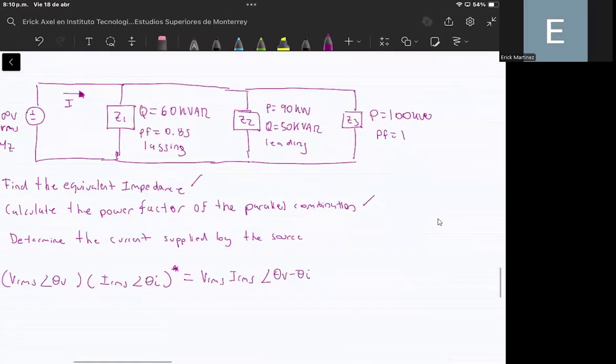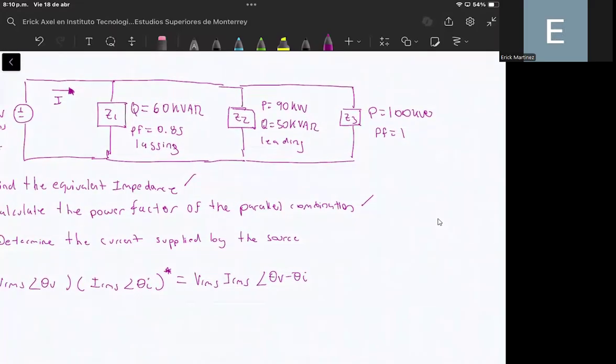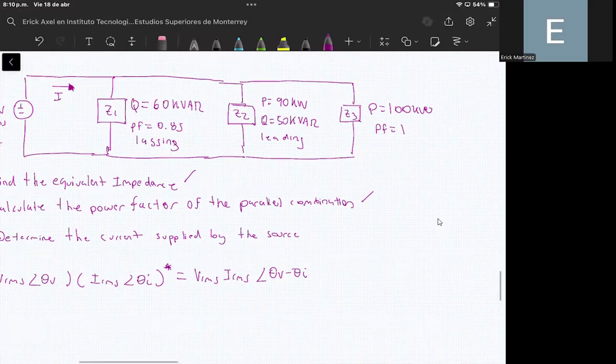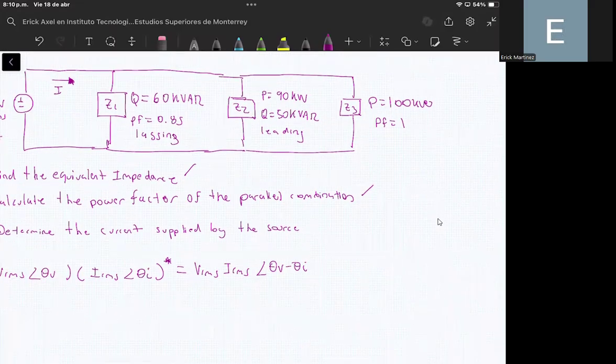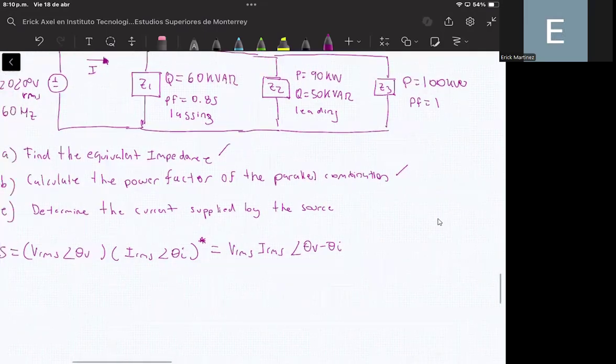If we add the complex power of the first impedance, plus the second, plus the third, and compute the angle of the equivalent complex power, I can know the power factor by computing the cosine of the resultant angle.